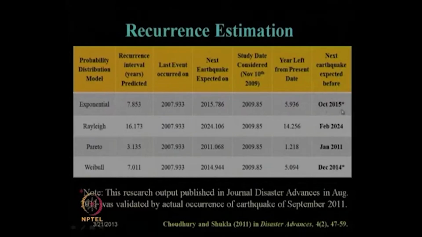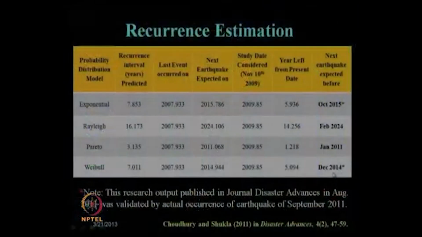So, October 2015 as per the exponential model, before February 2024 as per the Rayleigh model, and as per the Pareto model before January 2011. Remember, our study date is 2009. So, from the Pareto model we got that before January 2011 there will be an earthquake of magnitude 5 or above. Okay. As per the Weibull model, the next earthquake is expected before December 2014.